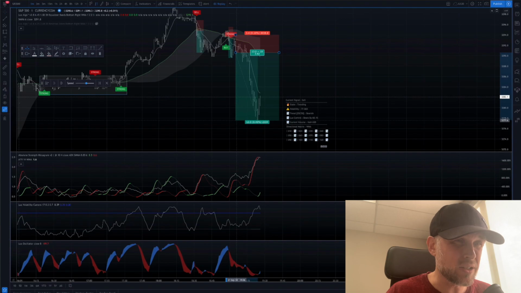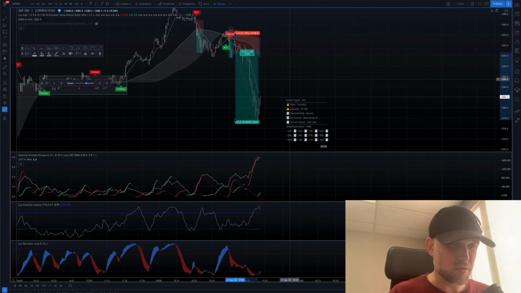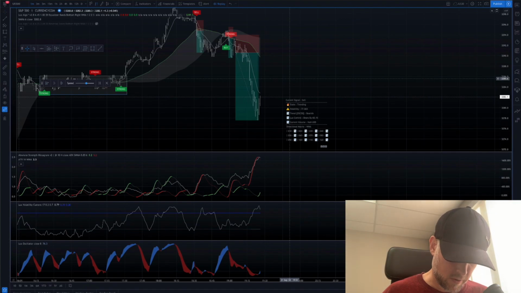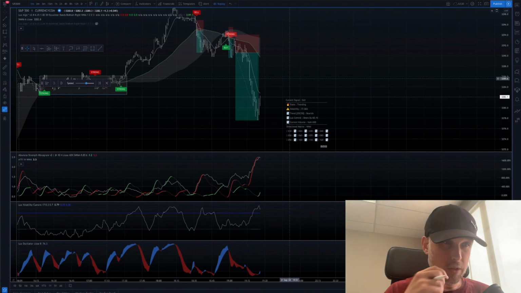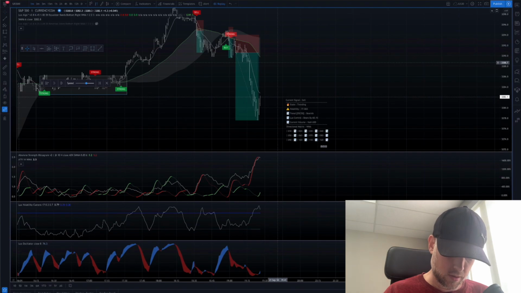So my trailing stop would have taken us out in that area. And that would have given me 13 minus 3.4, which would be 9.6. 9.6, that gives me an ATR of, so 2 would be 6.8, a 4.2% on this particular one.